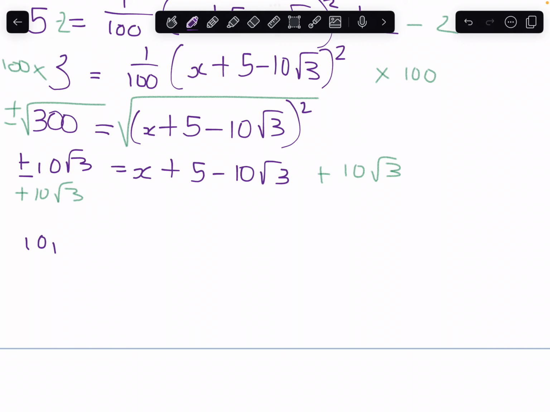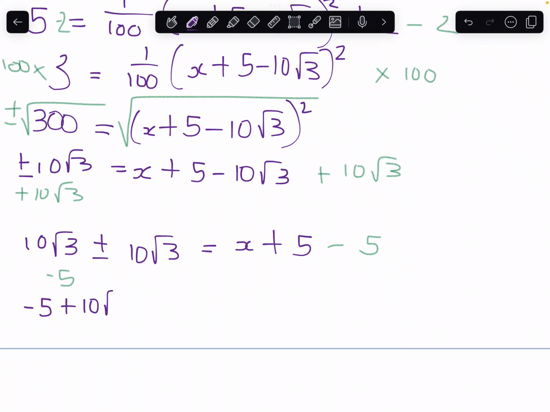So we've got 10 root 3 plus or minus 10 root 3 is equal to x plus 5. I don't know why I'm doing it step by step. I should have just moved the whole thing. So minus 5, minus 5. So minus 5 plus 10 root 3 plus or minus 10 root 3 is equal to x.